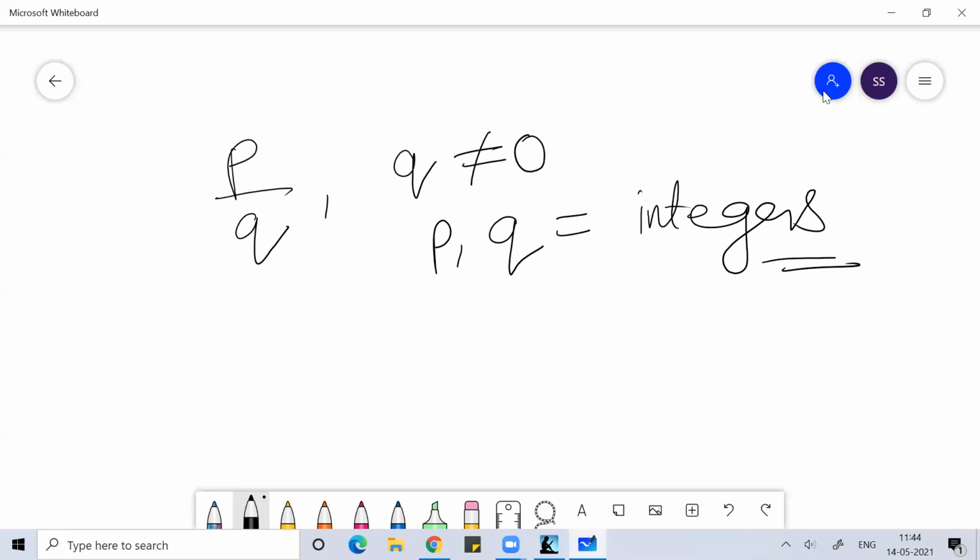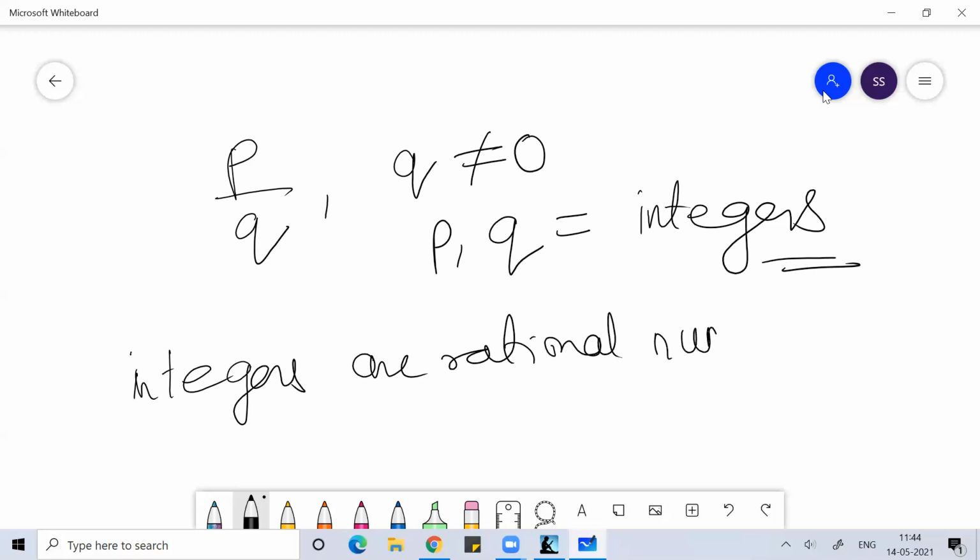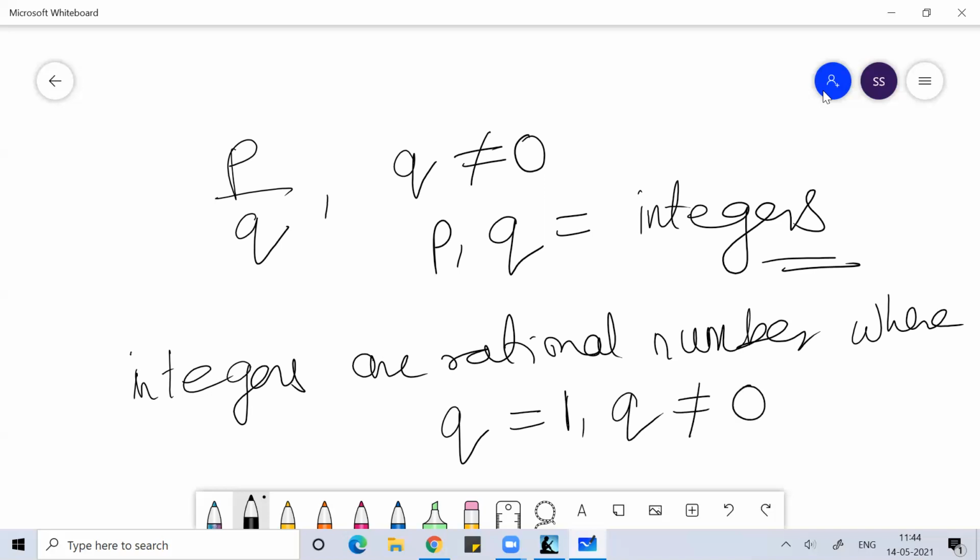Basically, integers are rational numbers where the denominator is 1. So all the rational numbers which have denominator 1 are basically called integers.